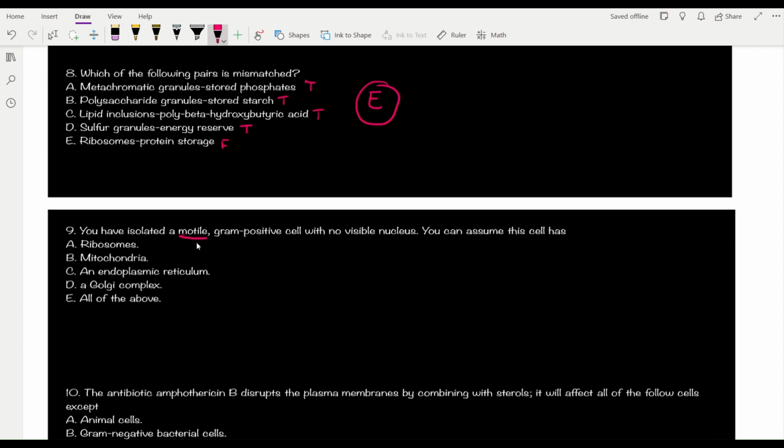If they have that, then protein is needed to create the flagella or the pili. It's a gram-positive cell, which means that it's a prokaryotic cell. It's a bacterium.